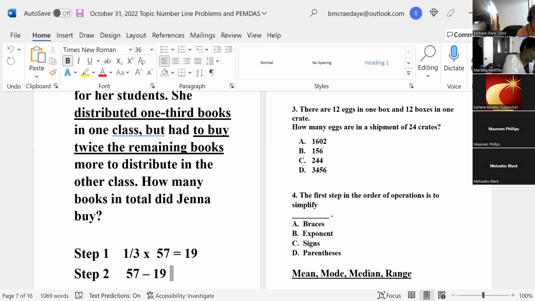I got 38. Okay, so she had to buy twice the remaining. So remaining books is going to be 57 minus 19. What is that, Mercedes? 38 is the answer after you subtract. What's your third step, Maureen?